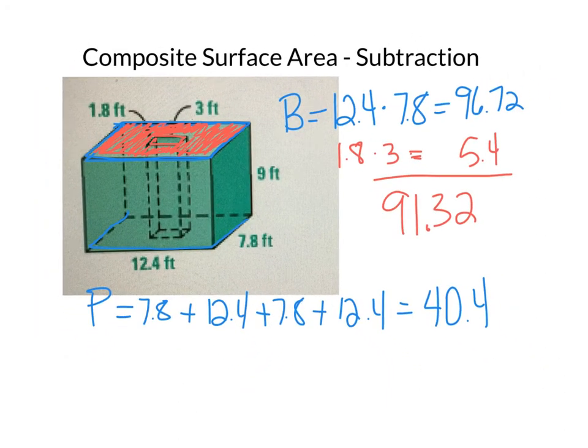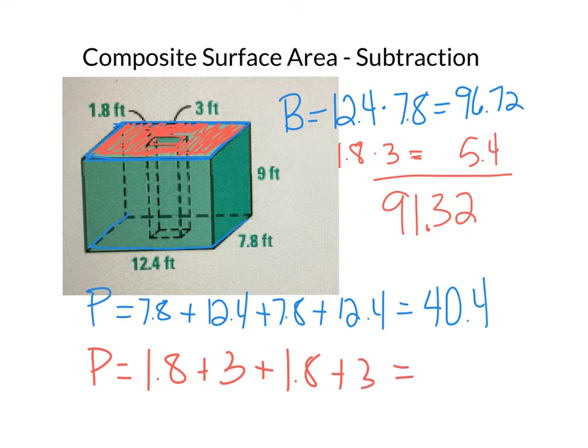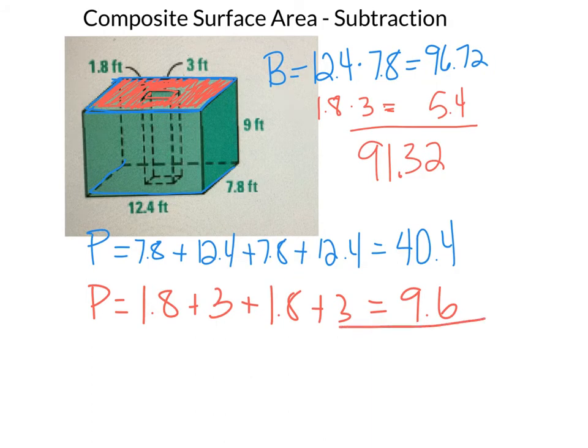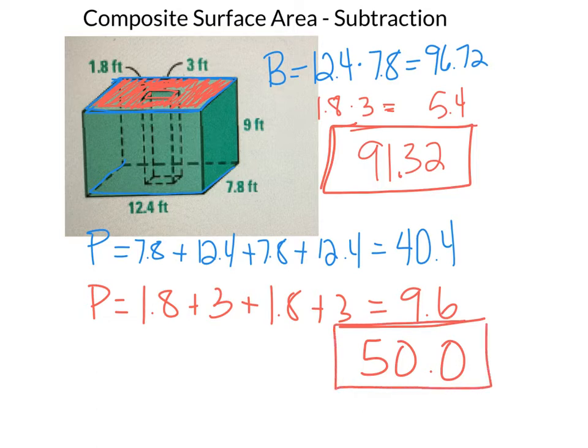And now we have to find the perimeter of the small base: 1.8 plus 3 plus 1.8 plus 3 is 9.6. So this has a total perimeter of 50. So this is the area of your base, and this is the perimeter of your base.